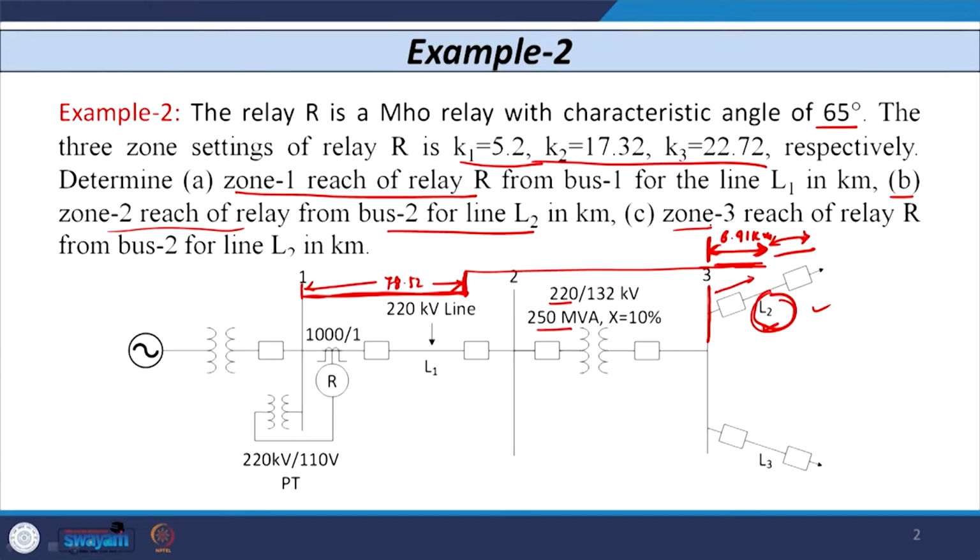In order to solve the zone 3 reach for relay R, again for the same line, that is L2, we need to consider the entire line length of L1 plus reactance of the transformer, plus the whole impedance of line L2, but that we need to refer to the 220 kV side where the relay is situated, because line L2 is on the 132 kV side, whereas relay R is situated on the 220 kV side.